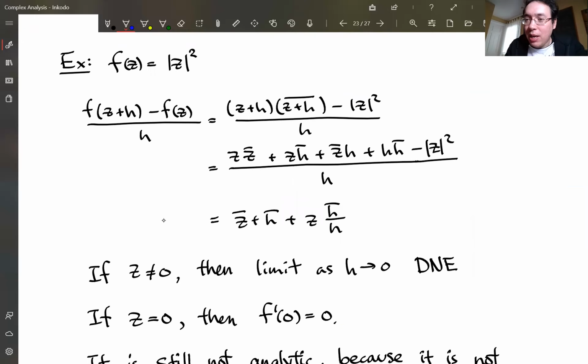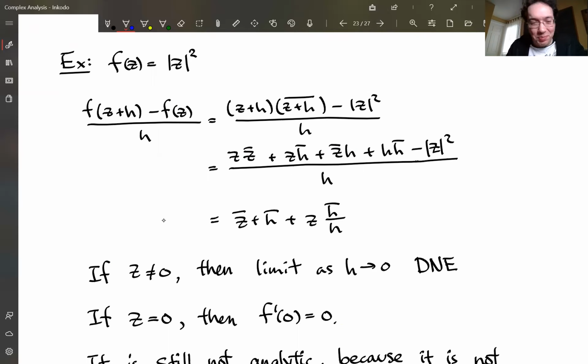Okay, let's look at the modulus function. The modulus function behaves like the absolute value function on the real axis. And we know that the absolute value function is not differentiable at 0. So you might guess that the modulus function is not differentiable, at least at the origin. But let's look at what it looks like outside of that. Also, if we square it, the absolute value squared function is differentiable in the real sense. So maybe it is differentiable.